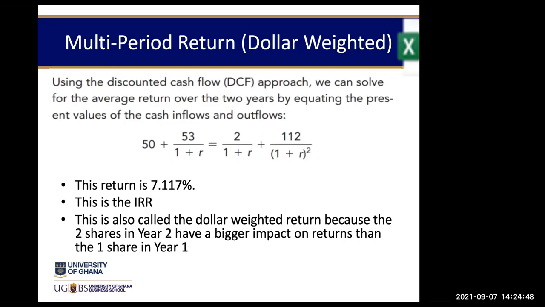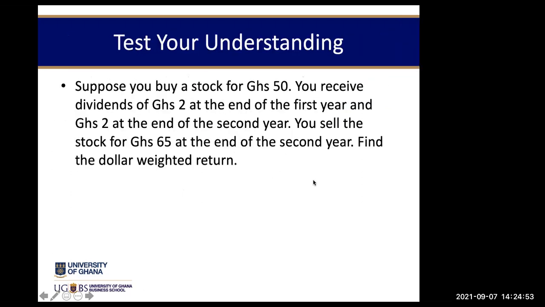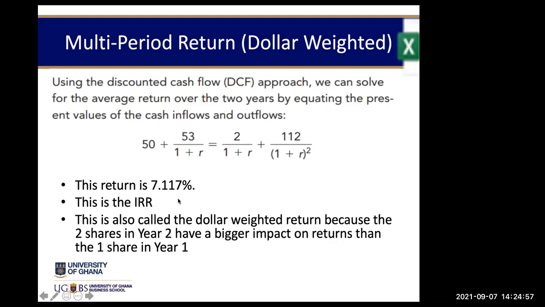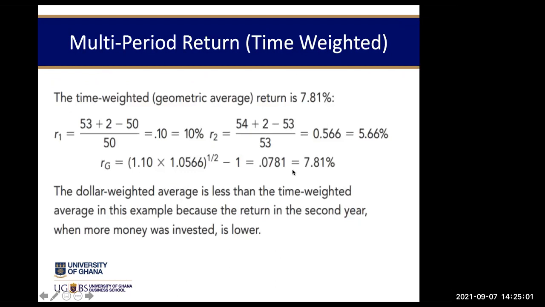And there's a reason for this. The reason why the time weighted return is higher, or conversely, the reason why the dollar weighted return is lower, is that in year 2, if you look at it critically, when we invest more money, the return is lower. Can you see that? So the return in year 1 is 10%. The return in year 2 is almost 6%.